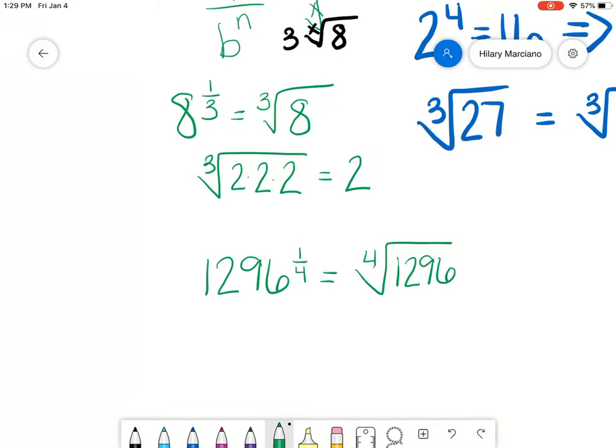So what can we multiply 4 times to get 1,296? A little prime factorization will show us that it's 6 times 6 times 6 times 6. So the 4th root of 1,296 is 6.